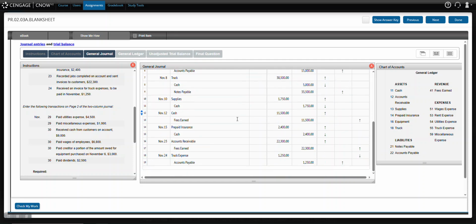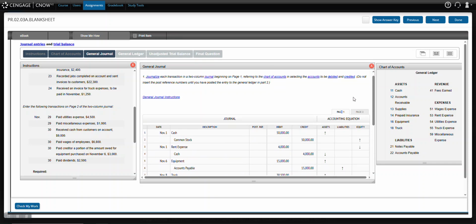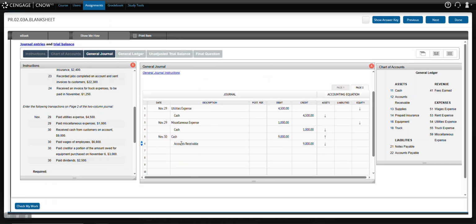I provided that service back here on November 23rd. I was waiting to receive the money, but I already earned it. And now I'm finally receiving some of it. So I'm swapping one asset for the other. So my receivable goes down. I'm not going to receive as much money in the future because I finally received it. And that's a good thing. That's what we want to have.